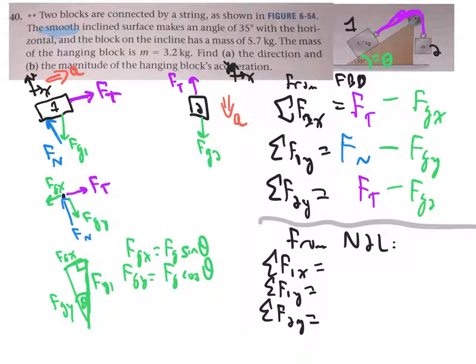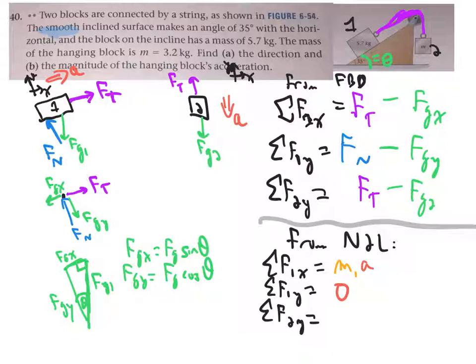Well, this is obviously mass 1 times the acceleration along the incline, which is just a. And for object 1 moving off the incline, well, it doesn't. So its acceleration stays 0. And we multiply by m1, we still get 0.